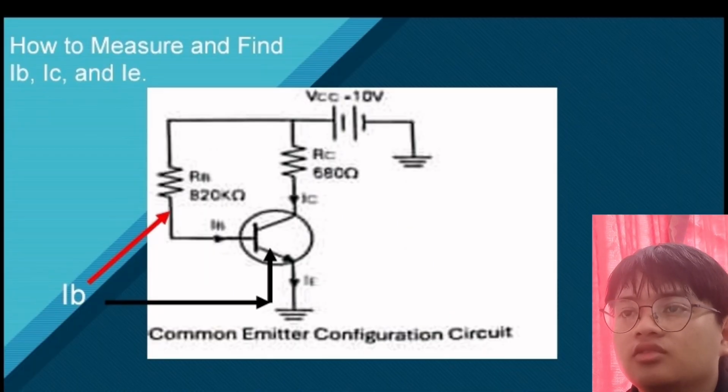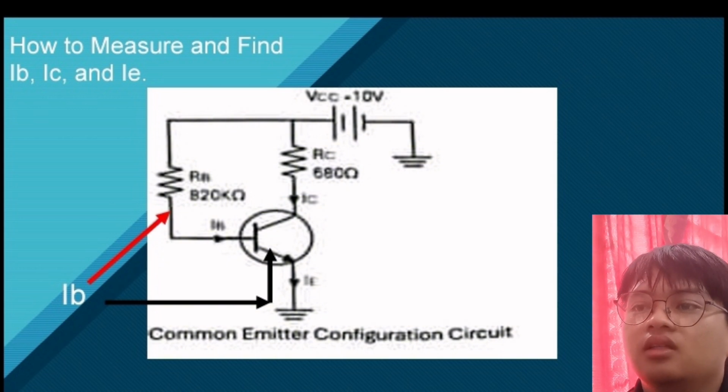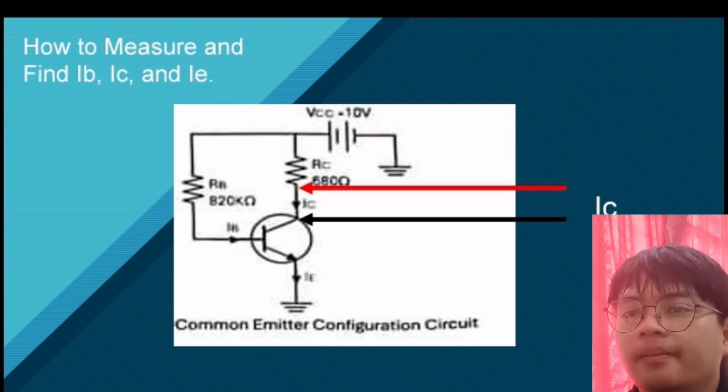This is how to measure and find IB, IC, and IE. For IB, you put the red probe under RB and the black probe on the leg with the current arrow in the transistor. This is how to measure IC.